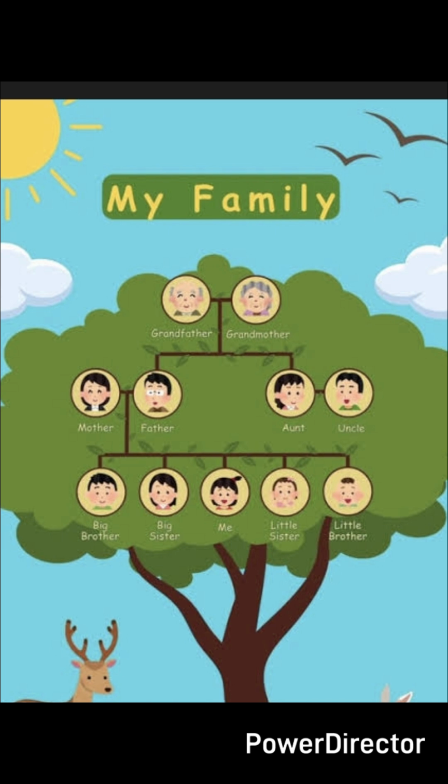Family Ecomap. Pictorial representation of the elements of the patient's environment and of the nature and quality of the interactions between elements. Highlights the supports and conflict. A tool designed to reflect family relationships and interaction patterns.